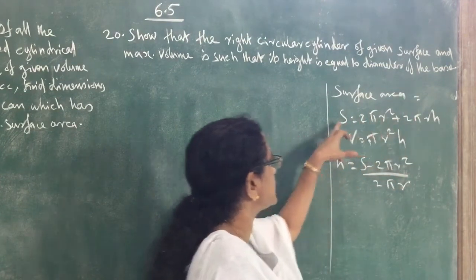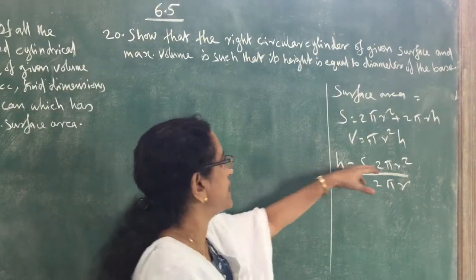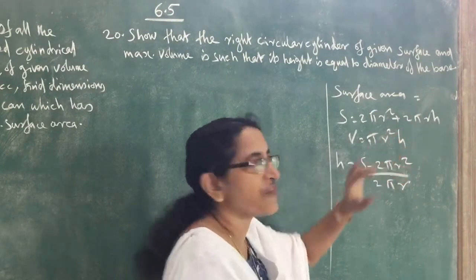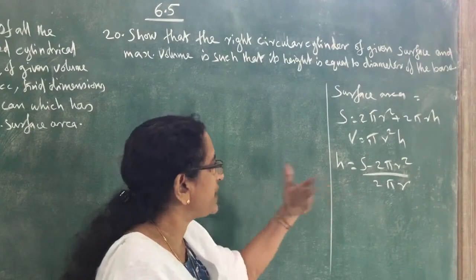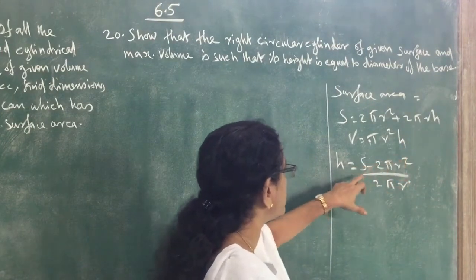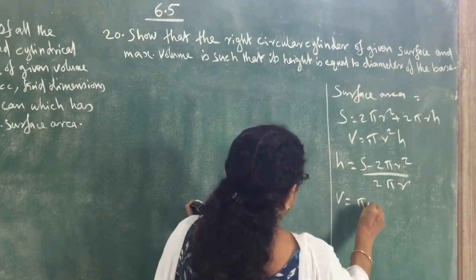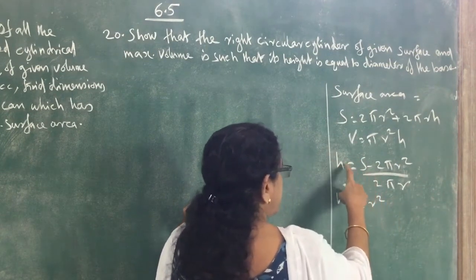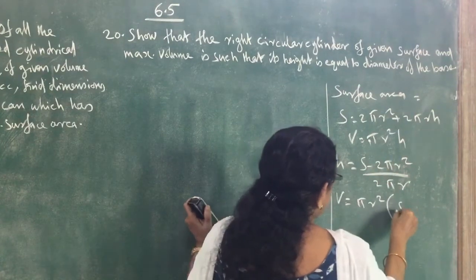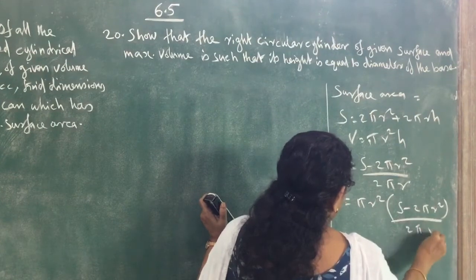Because S is constant, we can write V as a function of only one variable by eliminating H. In the place of H we substitute this value in V. So we get V equal to pi r square into S minus 2 pi r square divided by 2 pi r.